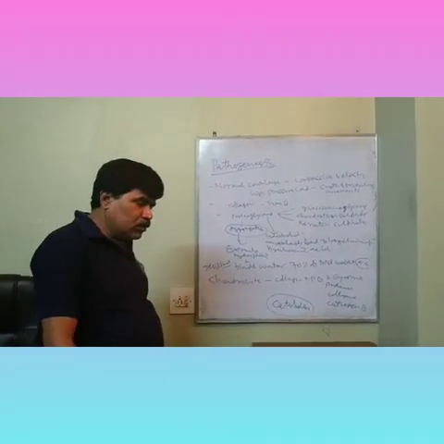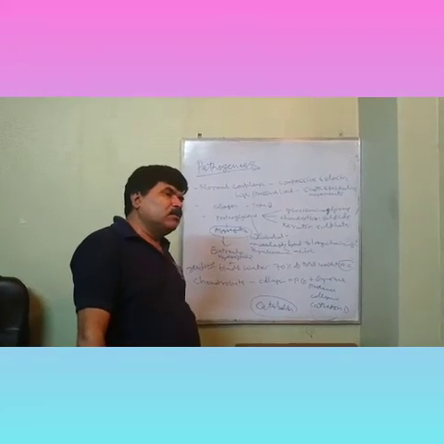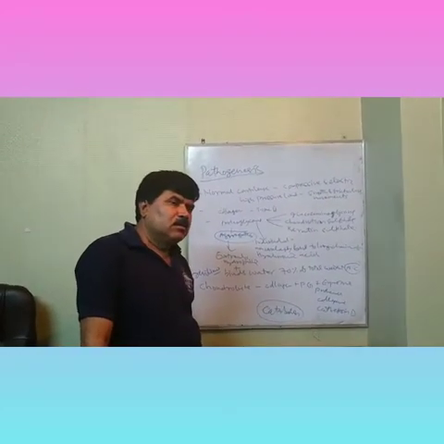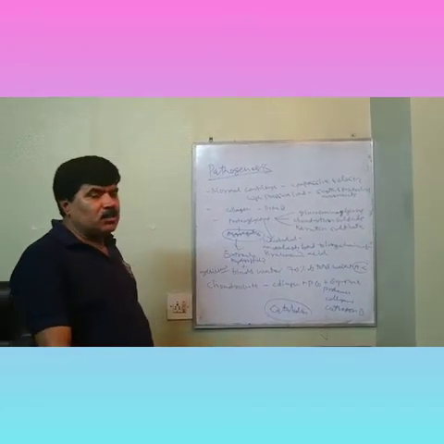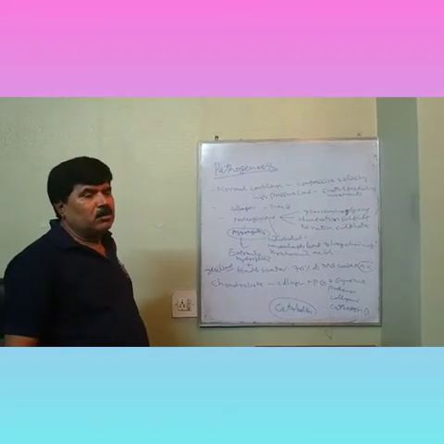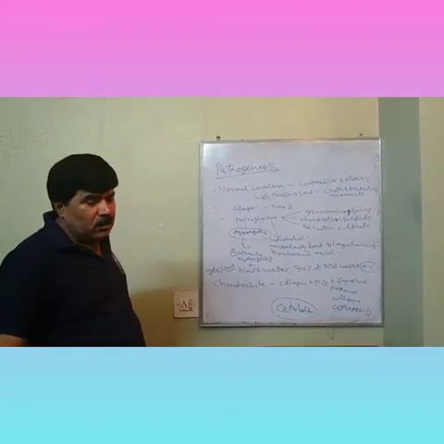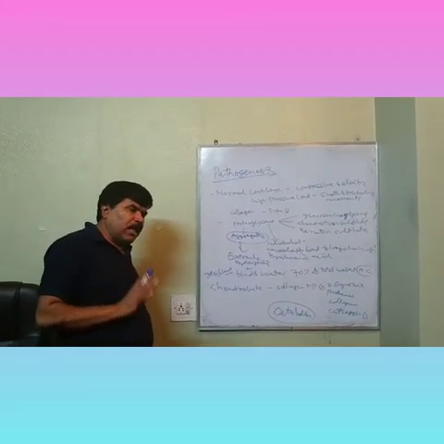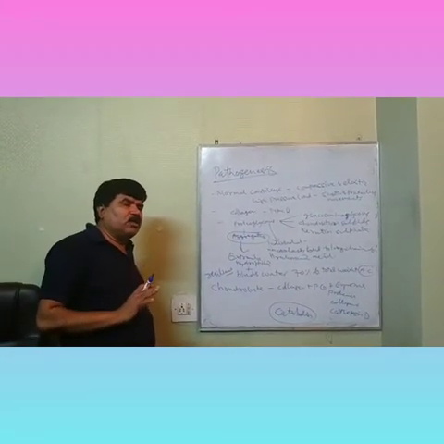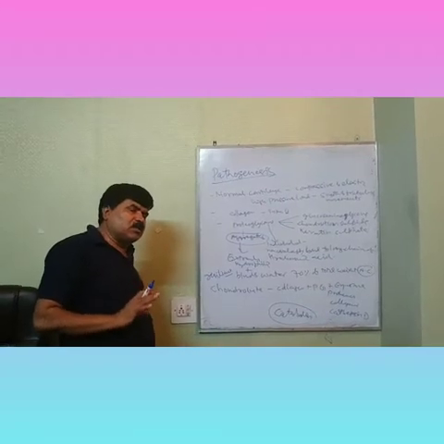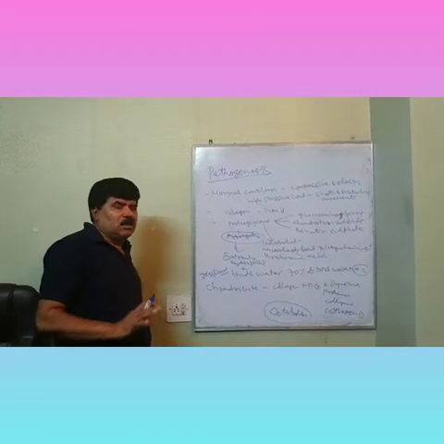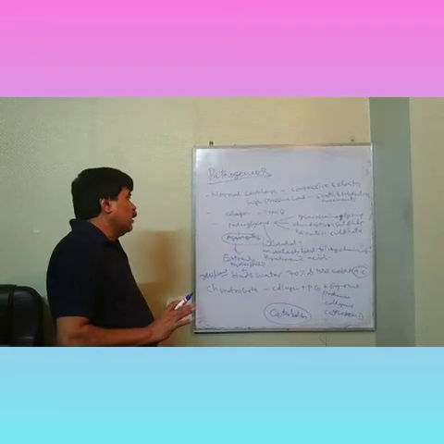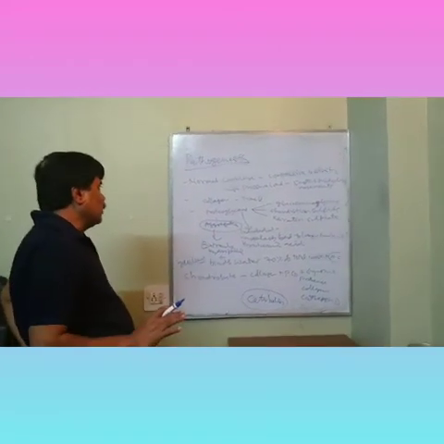If we want to understand the mechanism and pathogenesis of osteoarthritis, first of all we must have some knowledge of the anatomical and functional structure of the joint, basically the cartilage.